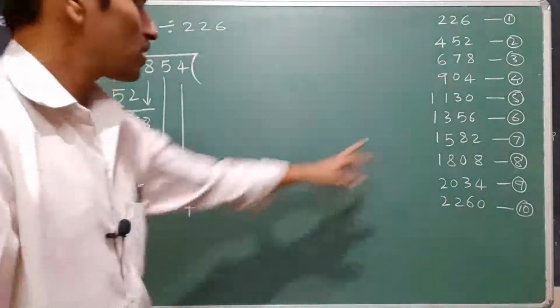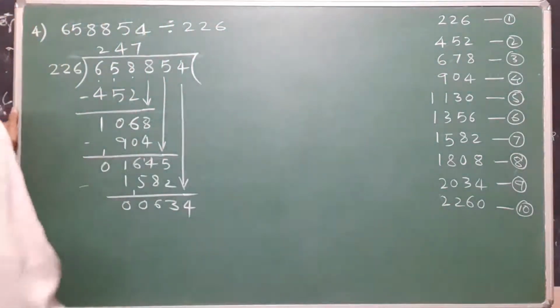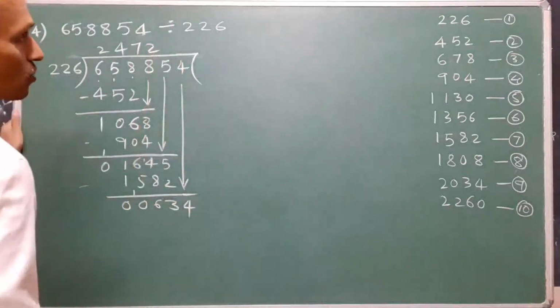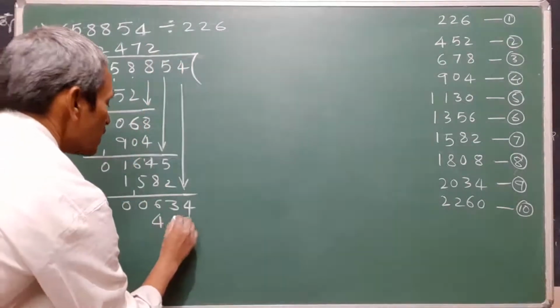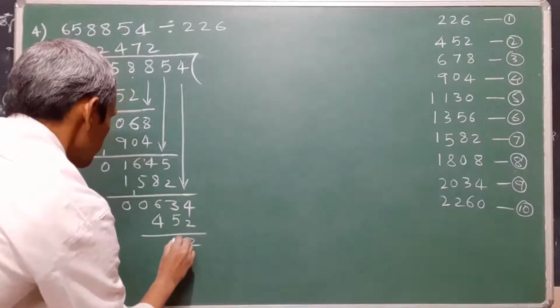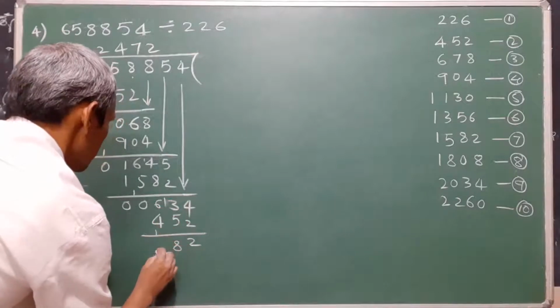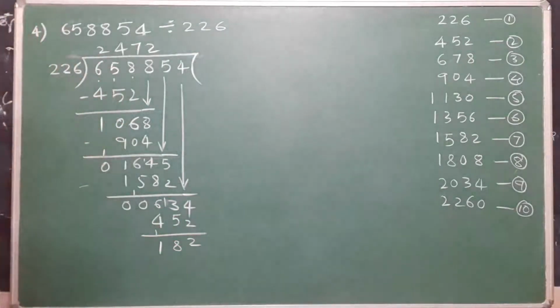634 is not there. This one is there. Less than this is 452, that is 2 226s are 452. Now subtract. 13 minus 5 is 8, and this one is 1.